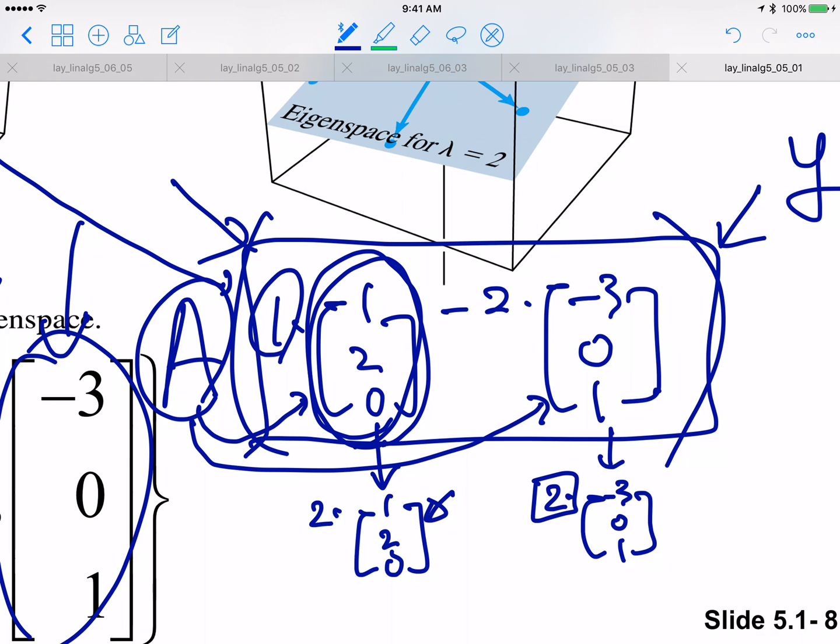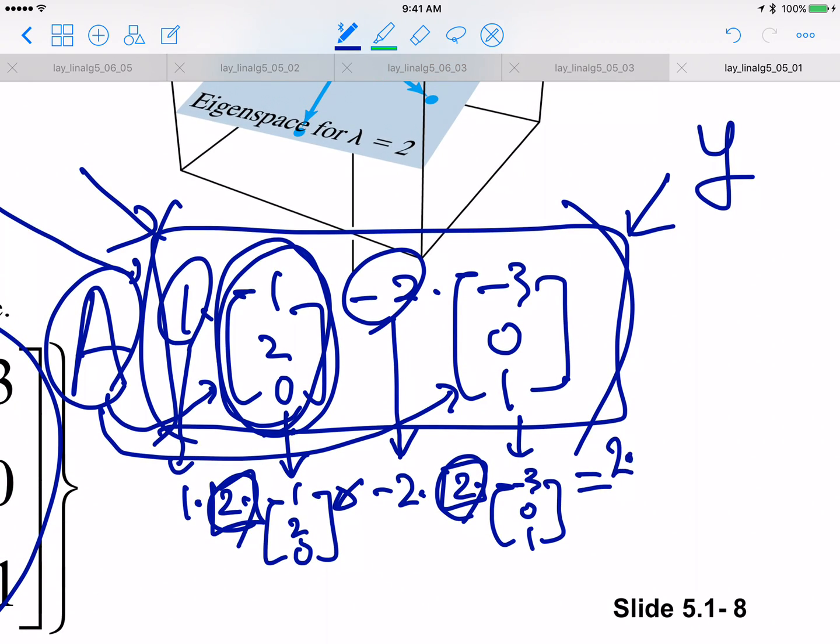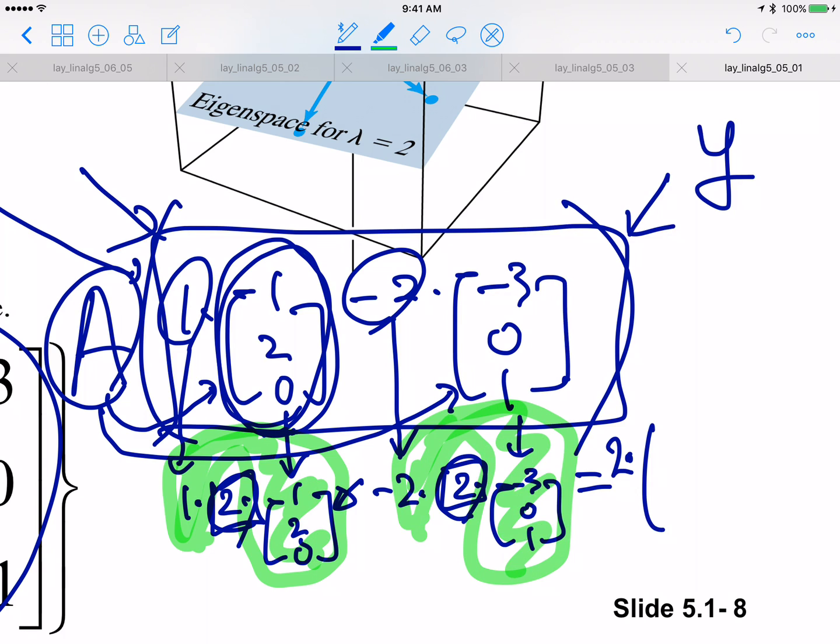Then we multiply this by 1 and by minus 2, which were the original linear combination coefficients. And then altogether, if we factor the 2 out, 2 times this part and this part will still be your vector y, right?